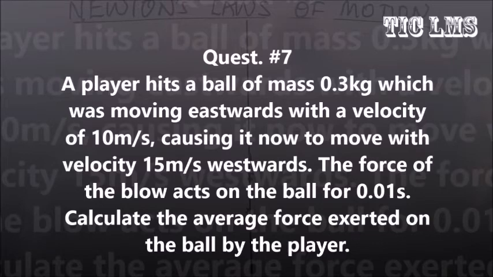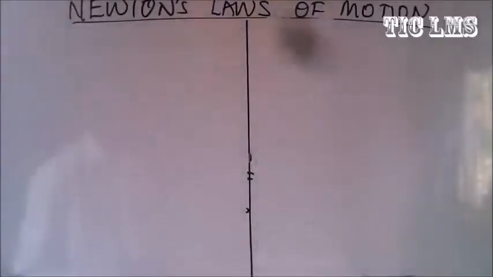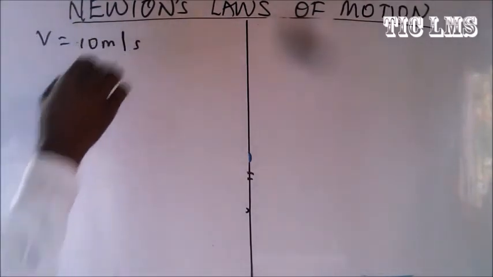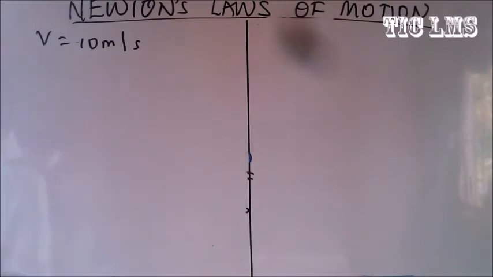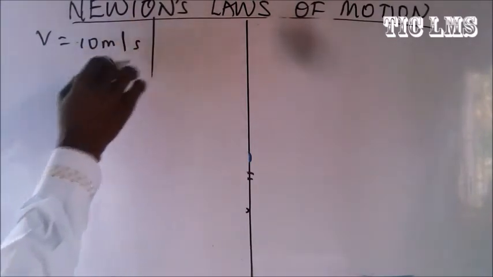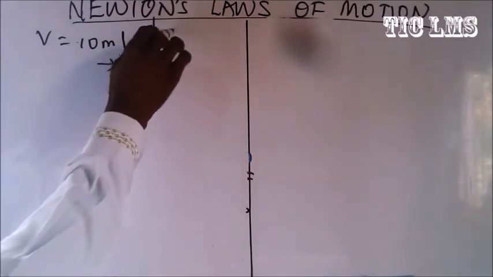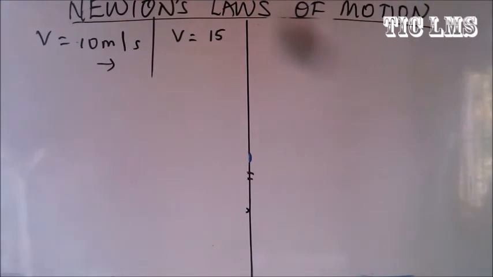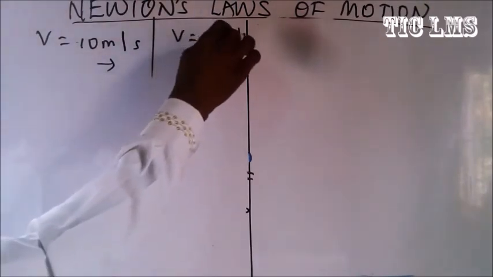Calculate the average force exerted on the ball by the player. So we have a ball which was originally moving towards the east with a velocity of 10 meters per second. Then here comes a force that stopped it from moving in that direction and to move in the other direction, which now attains another velocity of 15 meters per second.